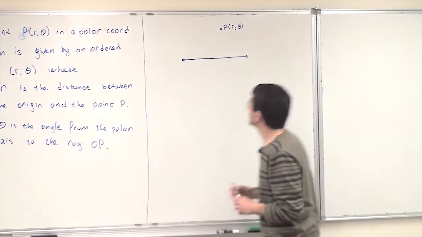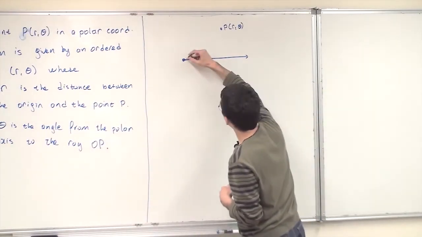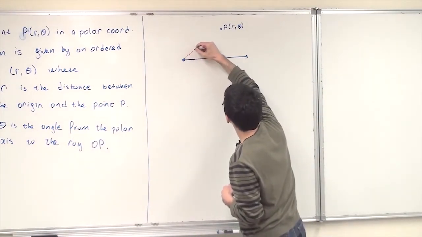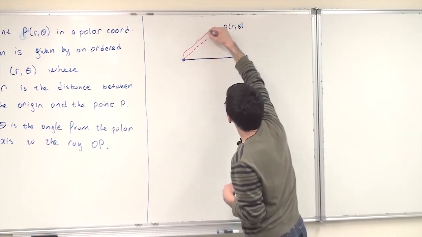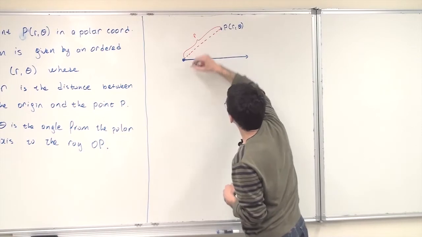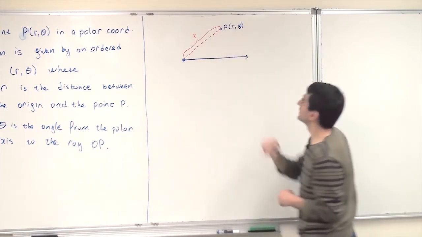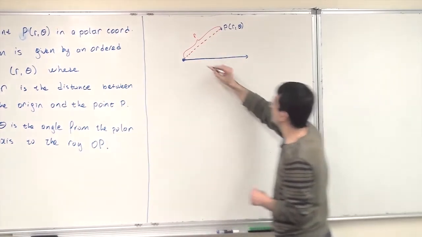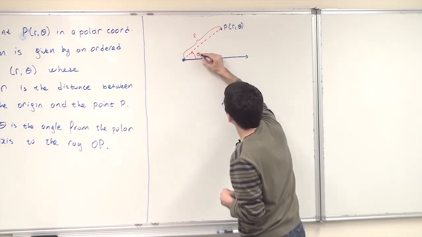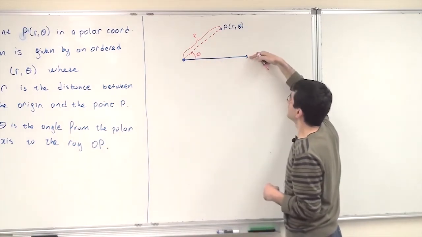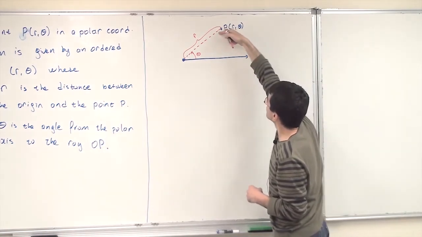Now, these numbers, as defined in the previous board, r represents the distance between the origin and the point, and theta is the angle from the polar axis to the ray OP.